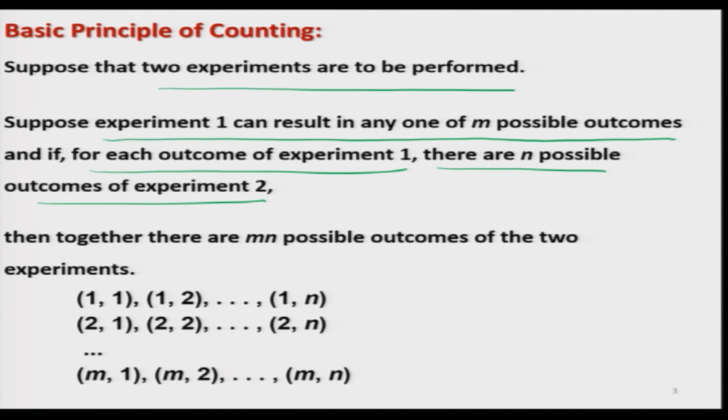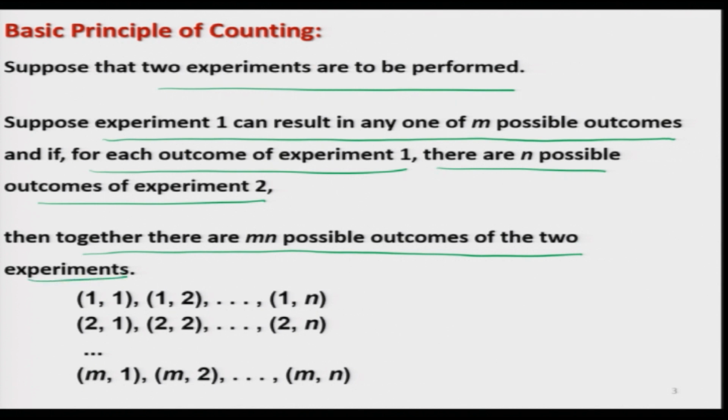So, both experiments are interrelated, not independent. Now we want to know in how many ways the events can happen. The final outcome is that in such a case, together there are m into n possible outcomes for the two experiments. How will it come?